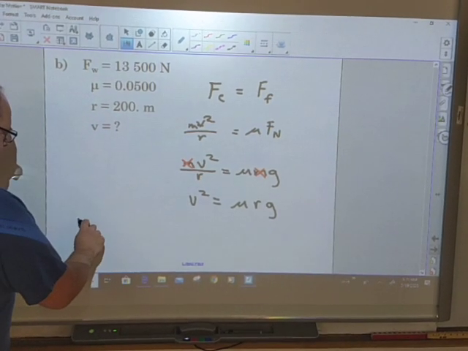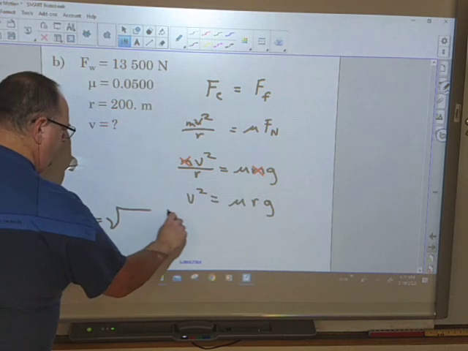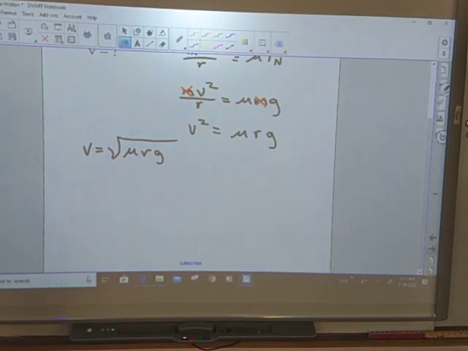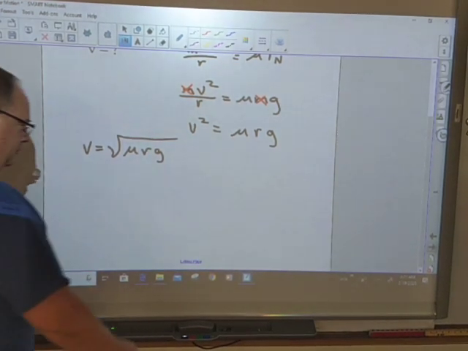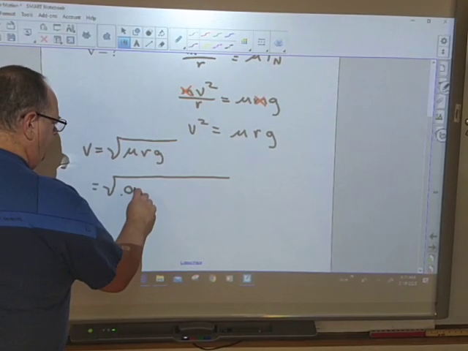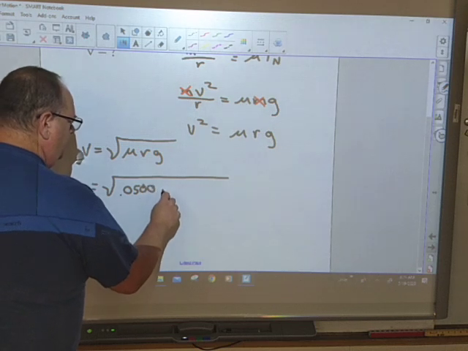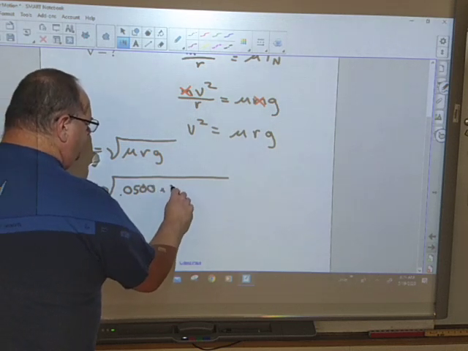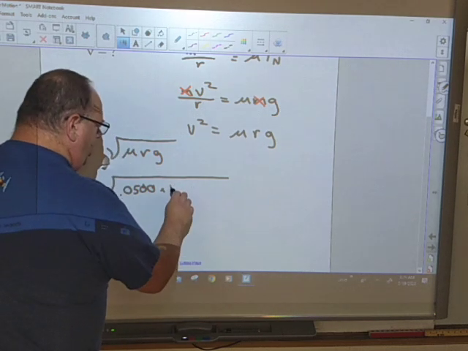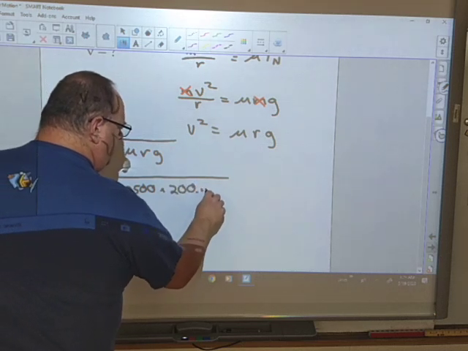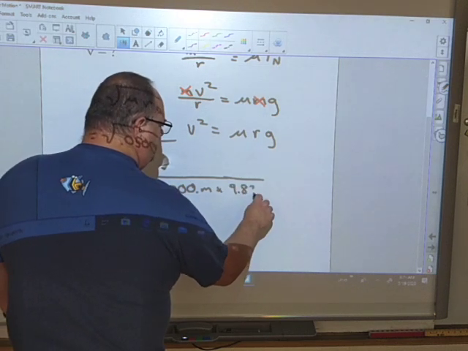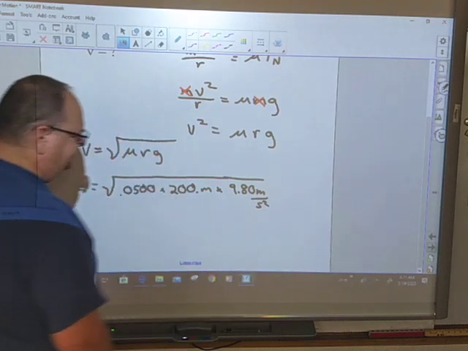So V is the square root of mu rg. And we do our math. V equals the square root of mu, which is 0.0500, times r, which was 200 meters, times g, which is 9.80 meters per second squared.